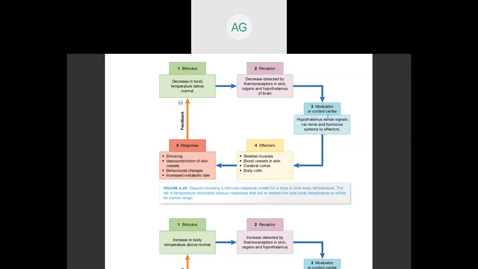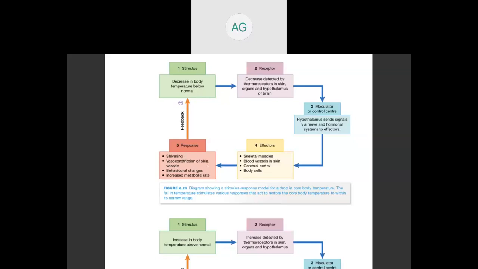The effectors could be the skeletal muscles, the blood vessels in the skin, cerebral cortex, or the body cells. When the message goes here, what would be the response at the end? You start to shiver. The skeletal muscles bring about the shivering so that we can feel less cold, because the body temperature is already decreasing, and by shivering the temperature will come back up to normal.